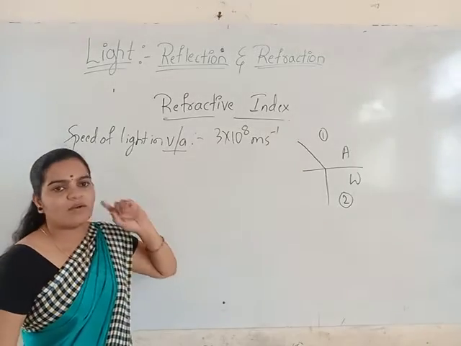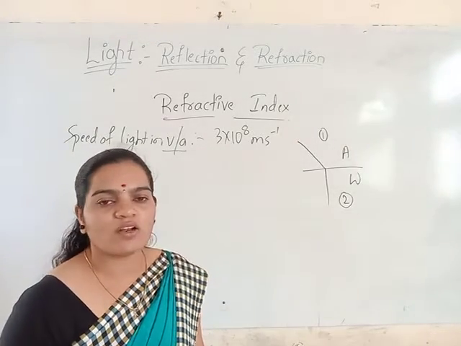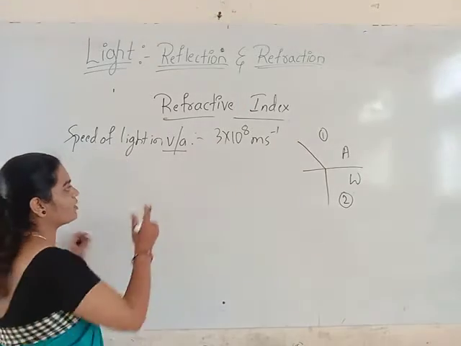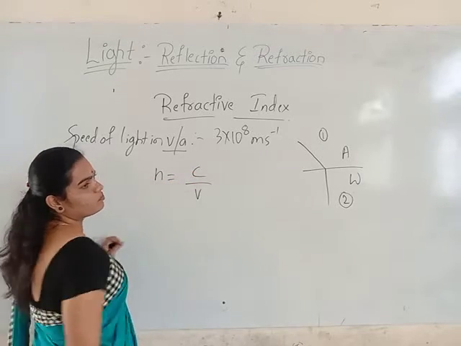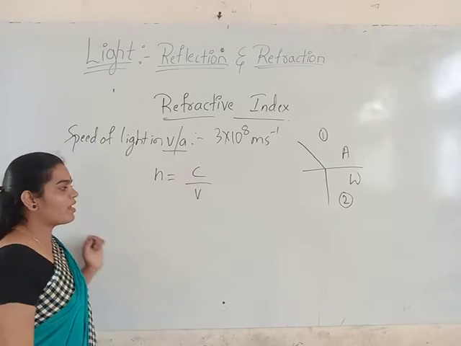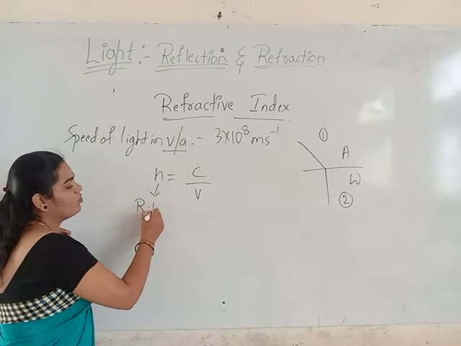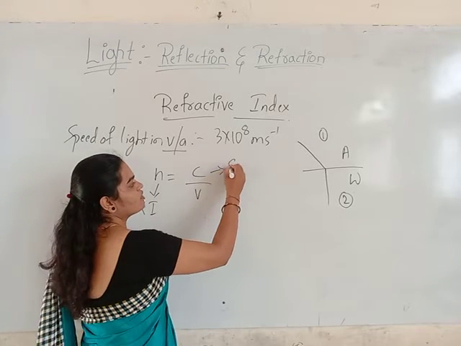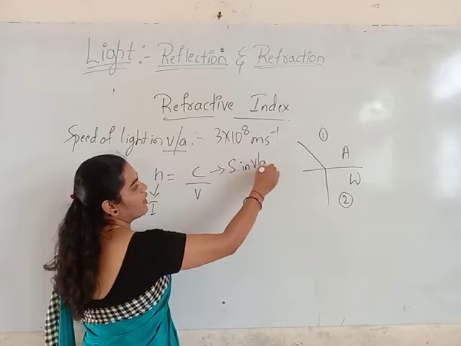So when one medium is given as air or the vacuum medium, the formula for the refractive index becomes n is equal to c by v. n is equal to c by v. What is n here? Refractive index. And c is the speed of light in vacuum or air.